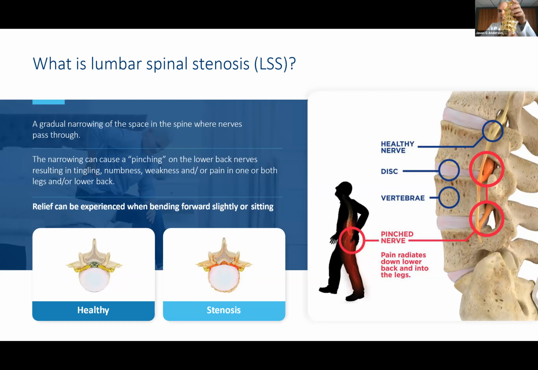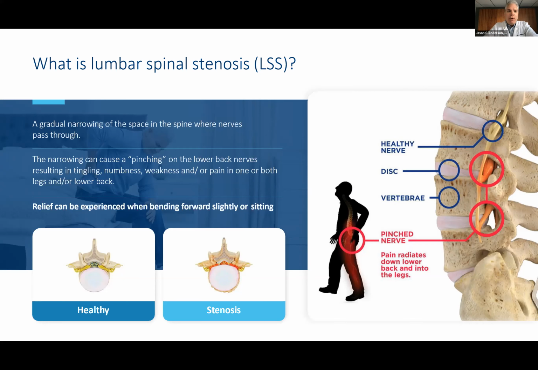Both of those conditions can result in pain when you're standing and walking if the narrowing gets significant enough. And the way to get relief from that is by bending forward or sitting, which accomplishes the same thing. You can see when the spine flexes forward that the vertebrae open up and allow more room, either at the hole where the nerve exits or in the central canal. And that's why patients with this condition get relief in those positions.